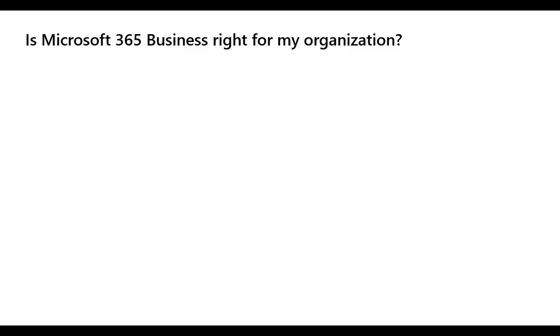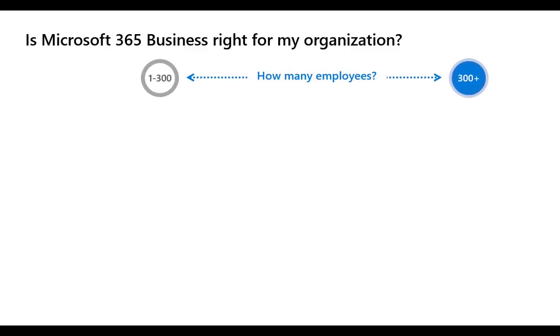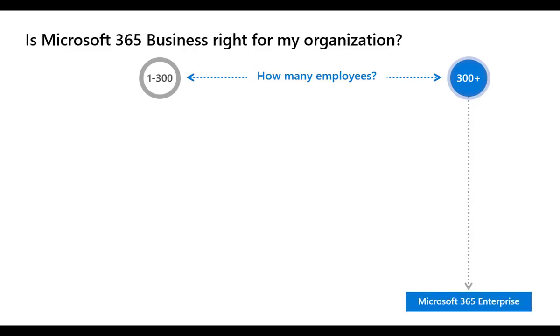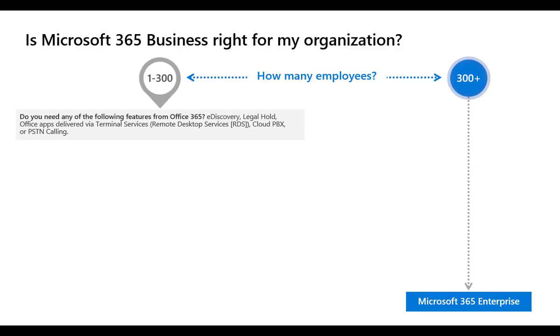So how do you go about determining which version of Microsoft 365 is right for your organization? Well, the first thing that you need to look at is how many employees. Now, in the SMB space, probably not a lot of businesses are over 300 seats, but if they are, you will need to look immediately at the 365 Enterprise, because the business SKU is limited to 300.